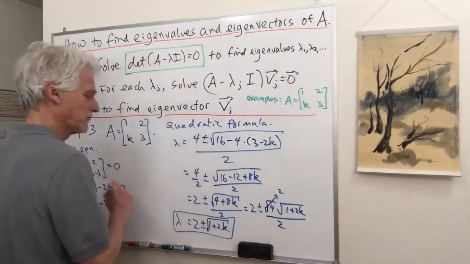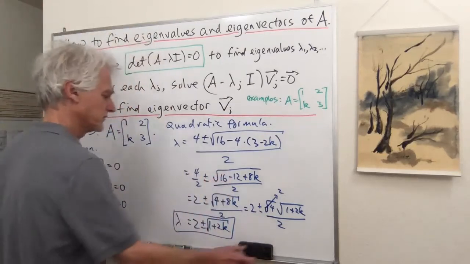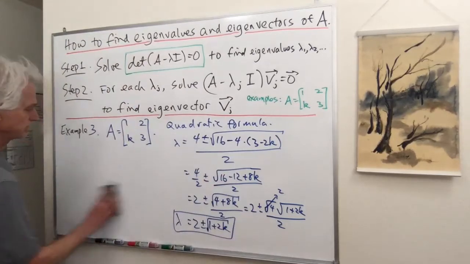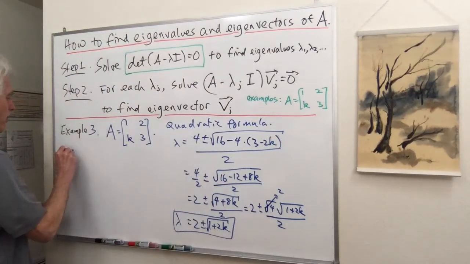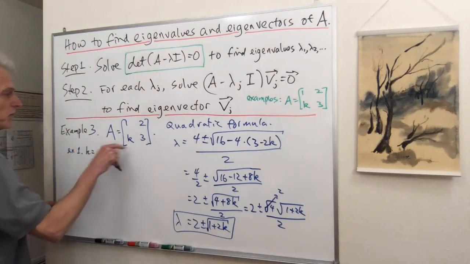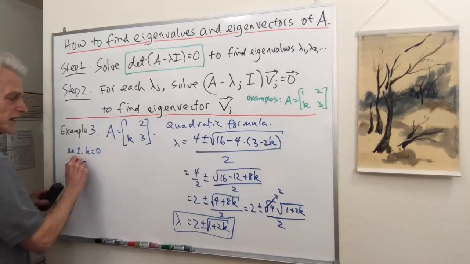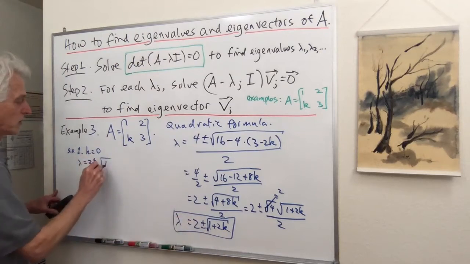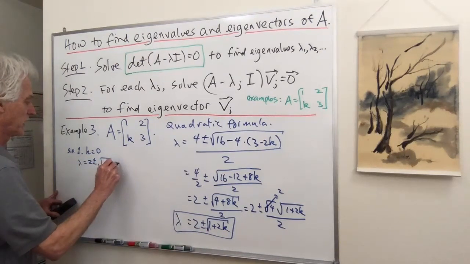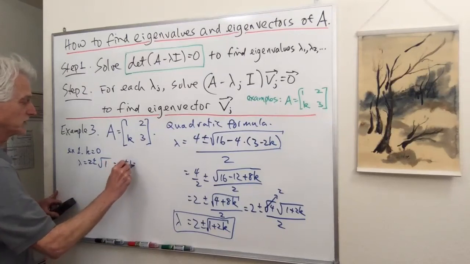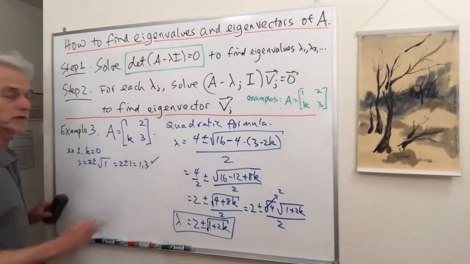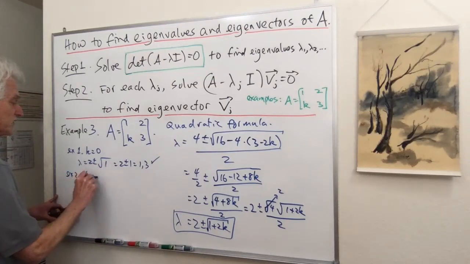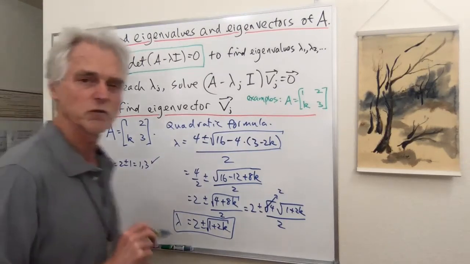Well, let's see if it works for example 1 and example 2. Example 1, we had k is 0. This gives us lambda is 2 plus or minus the square root of 1 plus 0, which is 2 plus or minus 1, which is 1 and 3. That's what we got. In example 2, we had k is negative 1, right?